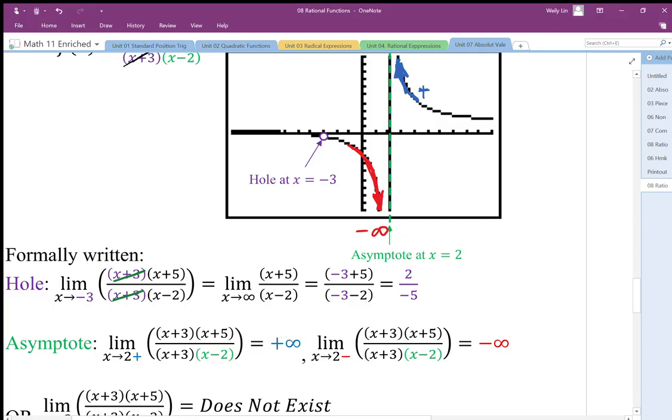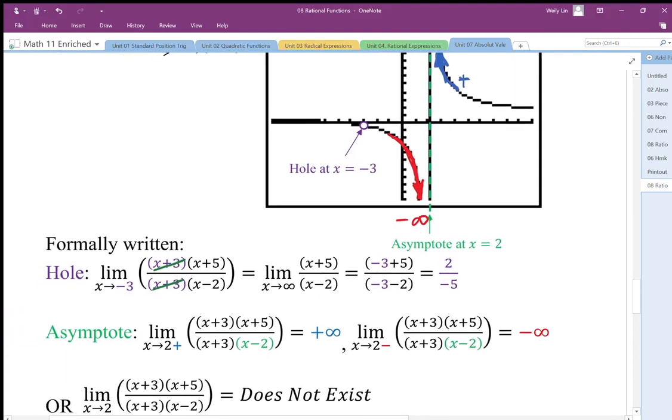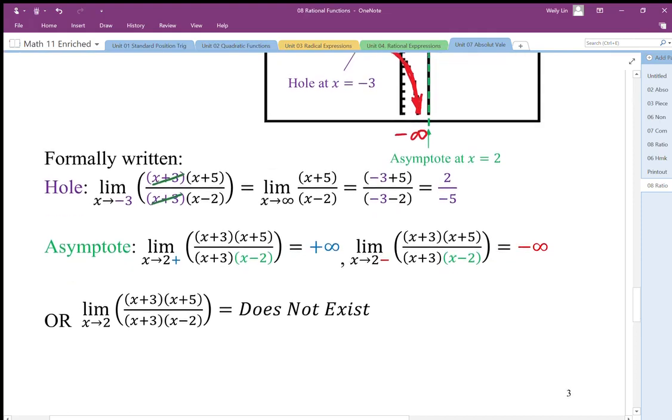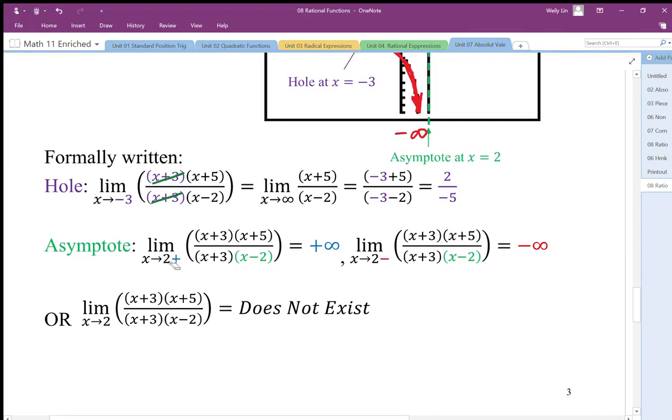And these individually are called one-sided limits. They allow us to approach it from just one side, because notice that if I'm approaching it from two different sides, I get two different values, and I can't do that as a limit. So these are what we call one-sided limits. If I were to just not put in the plus or the minus like I did here, so this one has no plus or minus on the right-hand side, that indicates this is a two-sided limit.